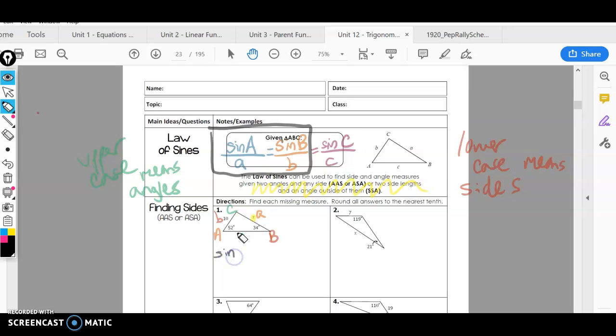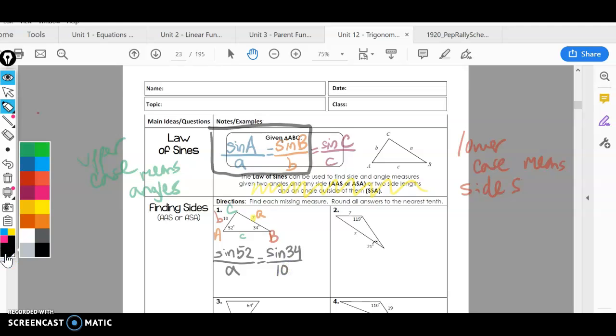Sine of A is 52, divided by a, which we do not know. We know sine B is sine 34, and that's going to be divided by lowercase b, which is 10. Now it's simple.